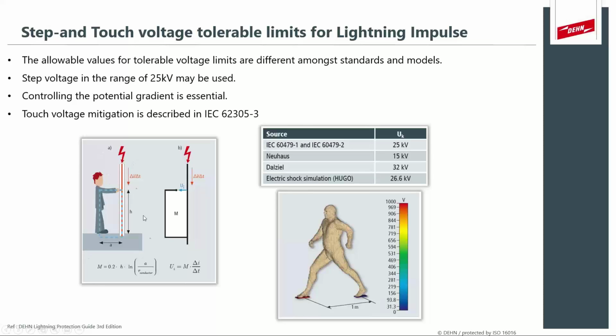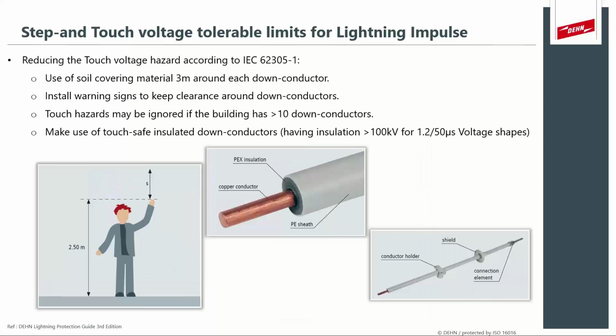The ways to mitigate touch voltage are directly described in IEC 62305 Part 3, which is the lightning protection standard. What it says in that part is that you can ensure that swell covering material is applied within a 3-meter radius around the down conductors, and that a 3-meter radius of clearance is kept around down conductors.